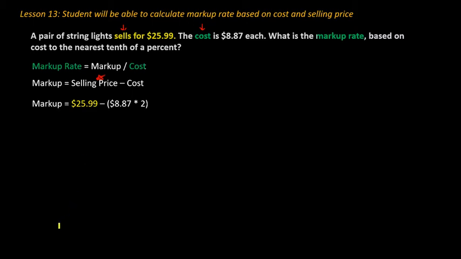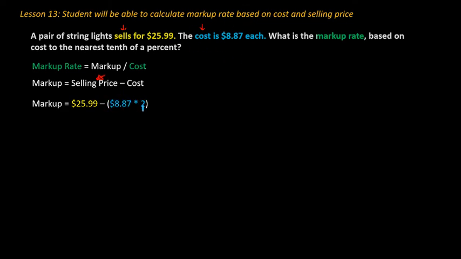Okay? Here is one of the common mistakes on this particular problem type. If we look at cost, it says the cost is $8.87 each. But the selling price they gave us was for two of them. The cost they're giving is for one. So we need to multiply that by 2.